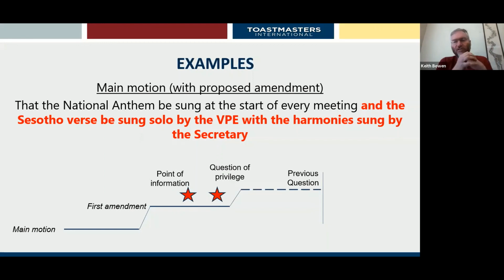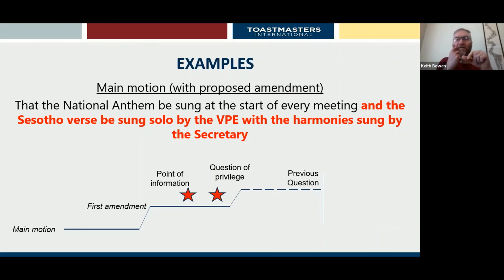The question of privilege is that you're pointing out that I missed that previous couple of points about the secretary singing. Can we please repeat that? I can't hear, I need to know more information, or something distracted me outside. There were people running around naked. Can we please come back to the point, I missed some of that, okay?